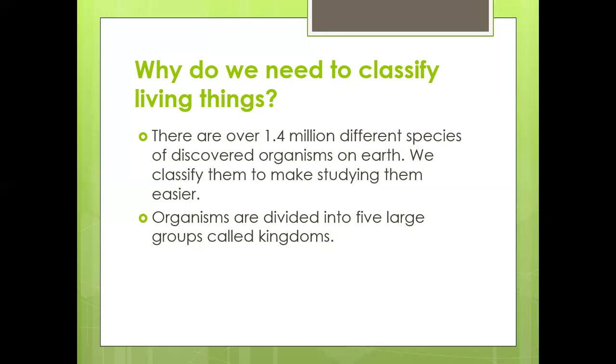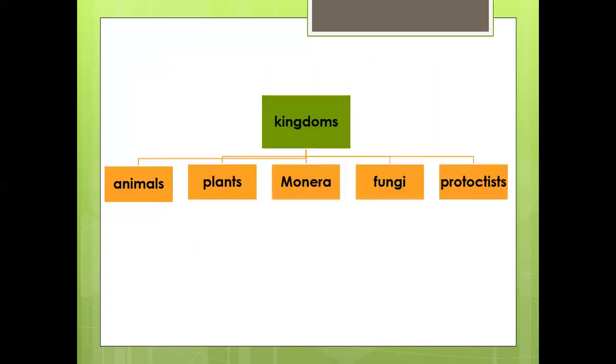So he divided them into 5 groups, that's 5 kingdoms. The 5 kingdoms are the animal kingdom, the plant kingdom, kingdom Monera, fungi, and kingdom Protist.